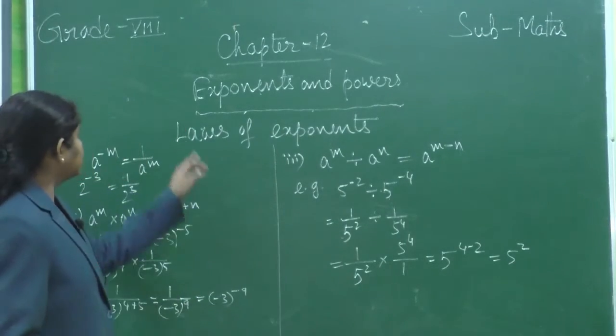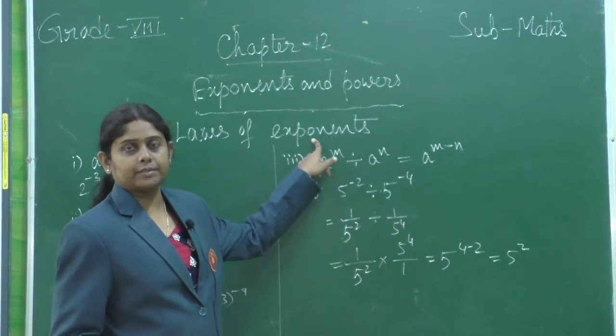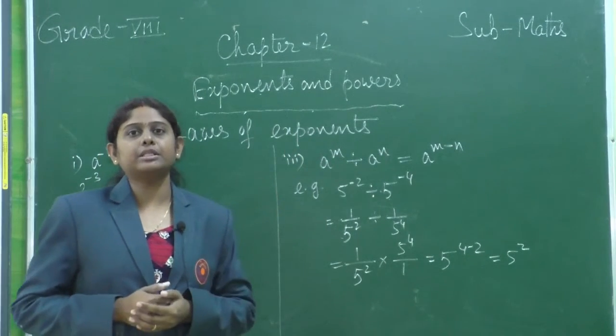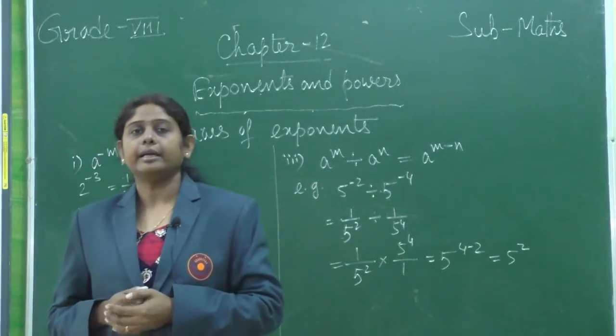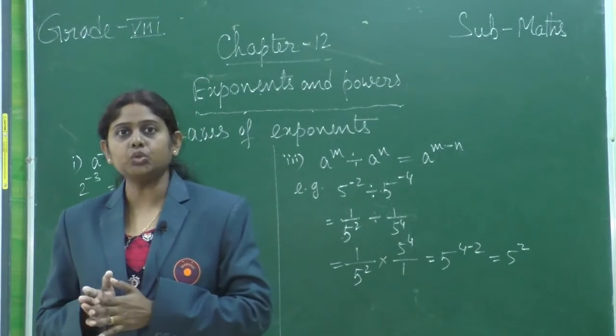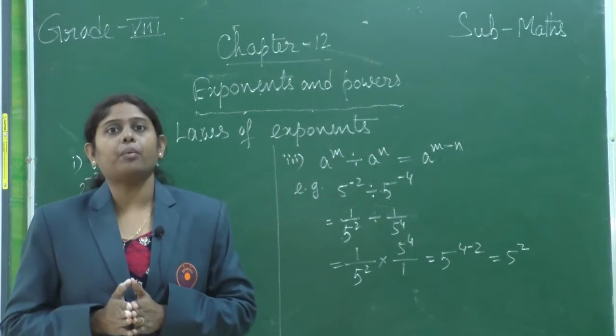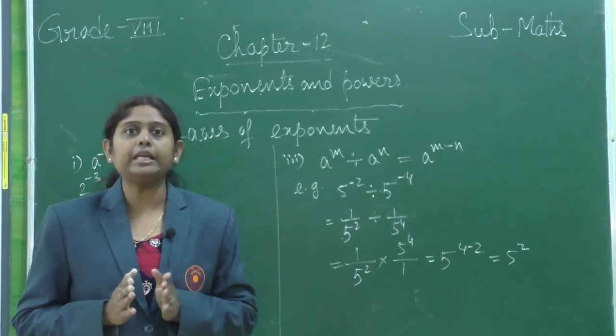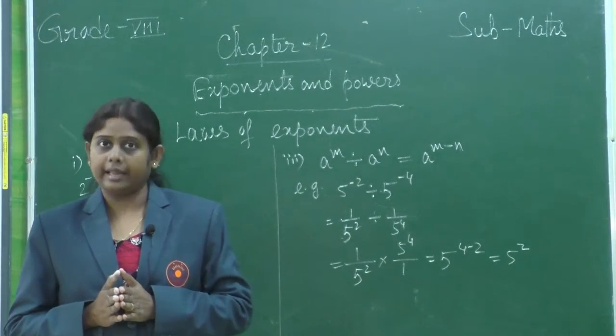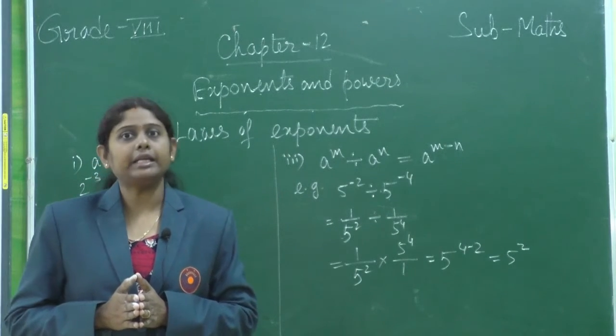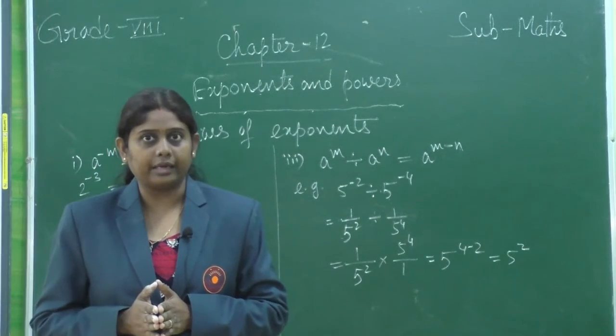Third topic is laws of exponents. In previous years we have already learned that a to the power m into a to the power n is equal to a to the power m plus n for any non-zero integer a and for any numbers m and n.